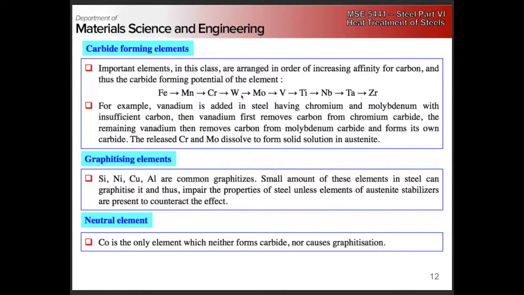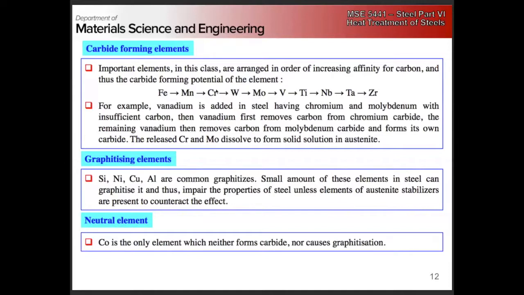If I remove the carbon... Okay, well, anyway, it's not oxidized, so it has to be reducing. But anyway, if we add vanadium to a chromium molybdenum steel and we have these carbides in there, we're going to form vanadium carbides, and chrome and molybdenum are going to go back into solution, right?